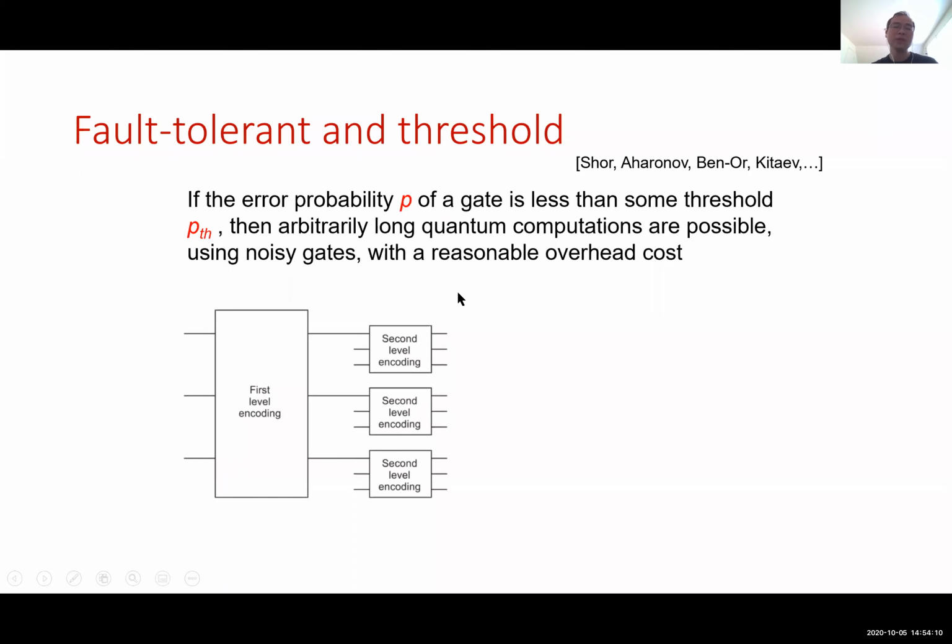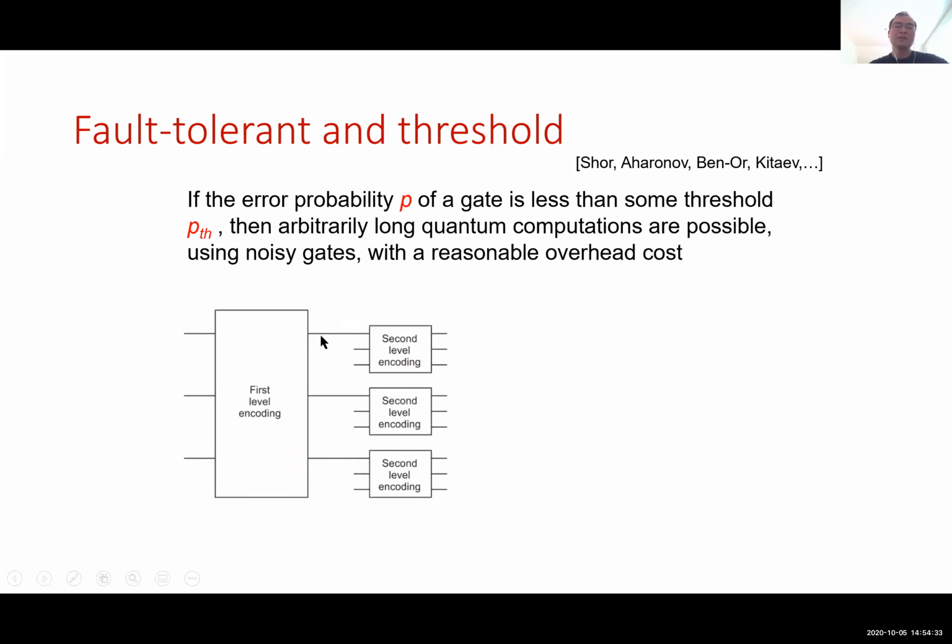The idea is that, for example, we have Shor's error correcting code. We know that it can correct 1 qubit if the error is small. But if you want to run the circuit longer and longer, then the error would accumulate and there would be more error.